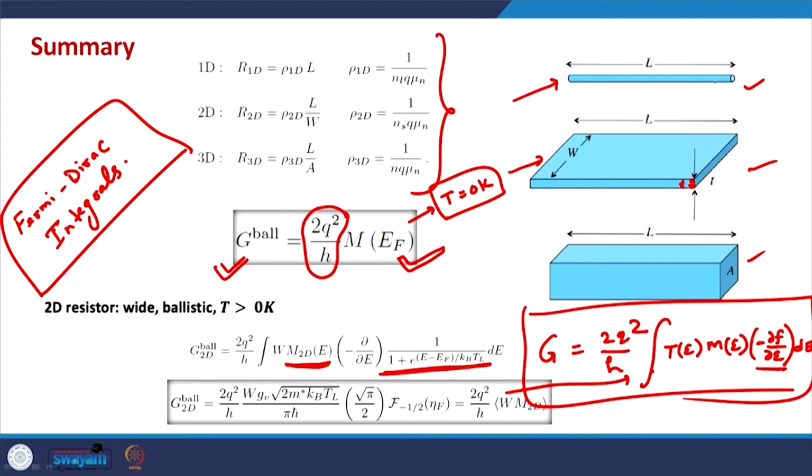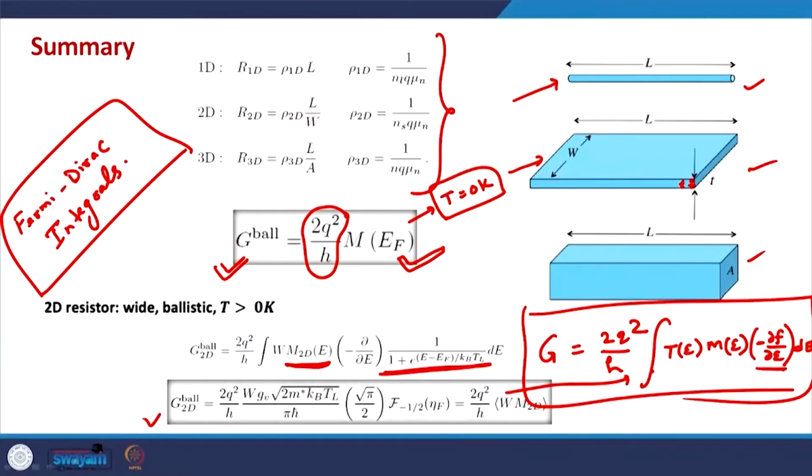Apart from the long dimension, in the two other dimensions there will be electron confinement, and that we also need to take into account while doing the final calculation for practical conductors. So, that is what we will see.